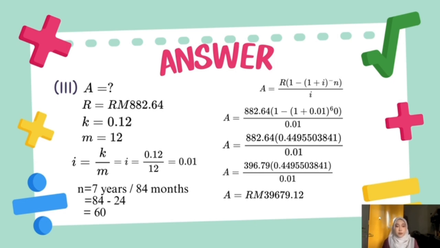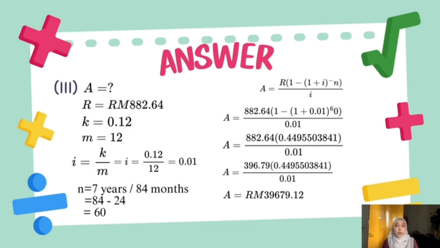For question 3, we use the formula A equals R[1 minus (1 plus i)^(-n)] over i. We don't know A. R equals 882.64, K equals 0.12, M equals 12, i equals 0.01. N is 7 years, which is 84 months. 84 months minus 24 months, we get 60. So we insert that into the formula: A equals 882.64[1 minus (1 + 0.01)^(-60)] over 0.01.